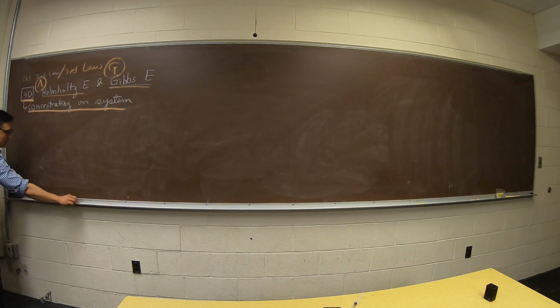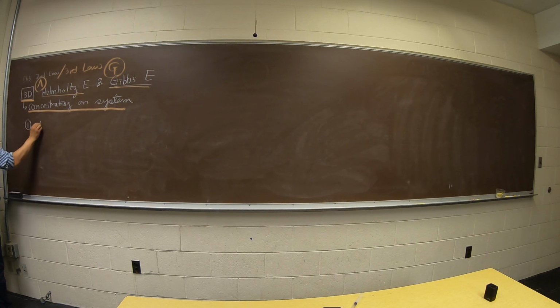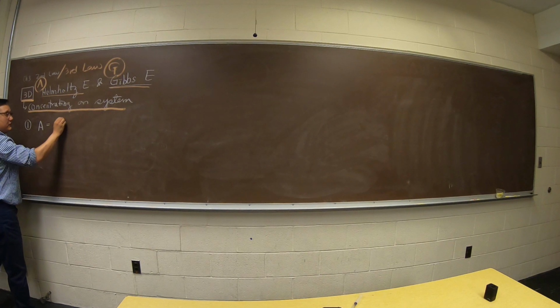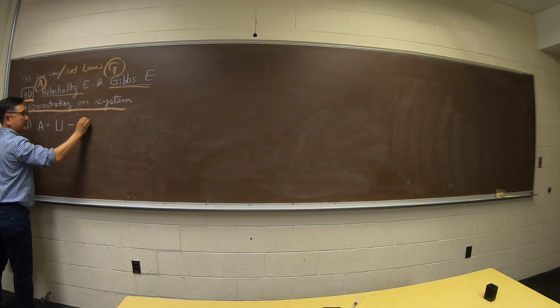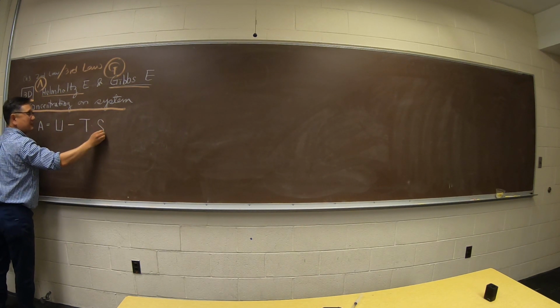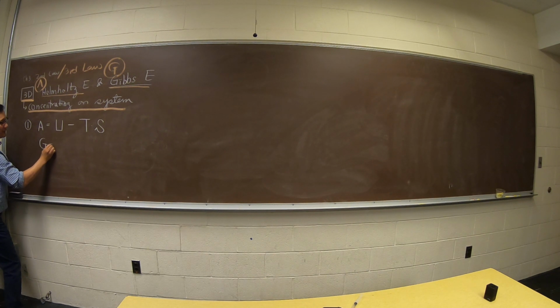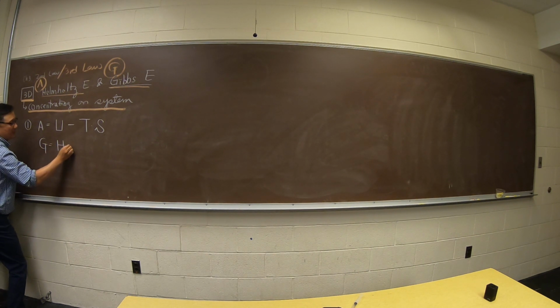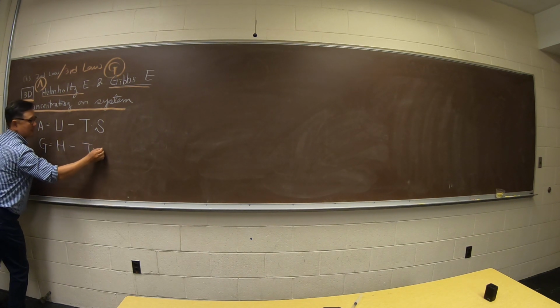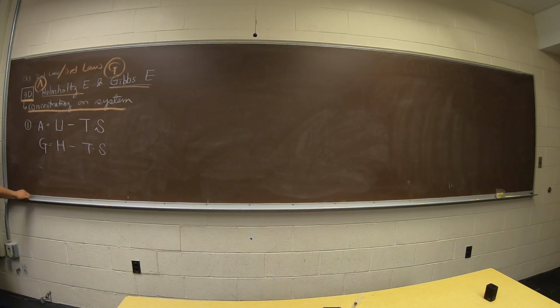And let's talk about the definition. Helmholtz free energy is essentially combining U minus T times S. That's the Helmholtz free energy. Whereas Gibbs free energy is H minus T times S. So these are the definitions. Okay?